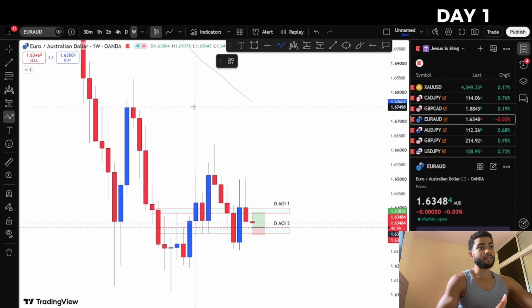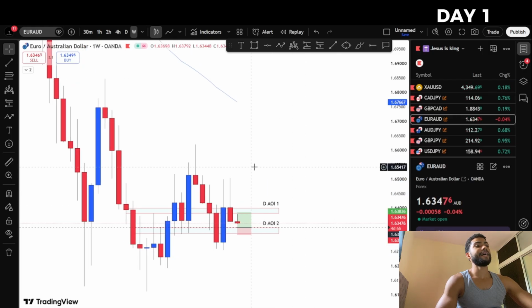On a bearish market, the market creates lower low, lower high, lower low, lower high, lower low, and lower high. So in this case, the market is bullish, and I already have the higher high and then the higher low. So I'm waiting for price to create another higher high.